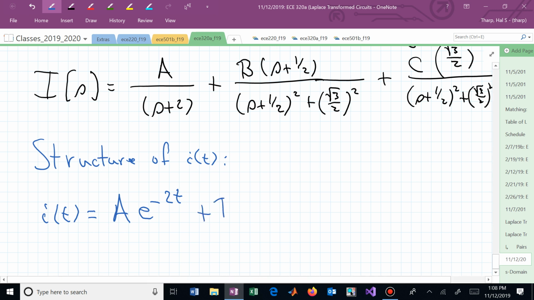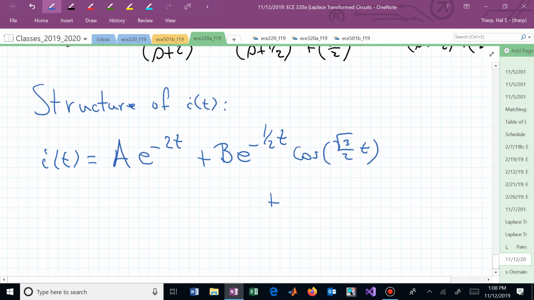Plus B e to the minus 1/2 t cosine square root of 3 over 2 t. Running out of room. Plus C e to the minus 1/2 t sine square root of 3 over 2 t, and that's true for t greater than or equal to 0.